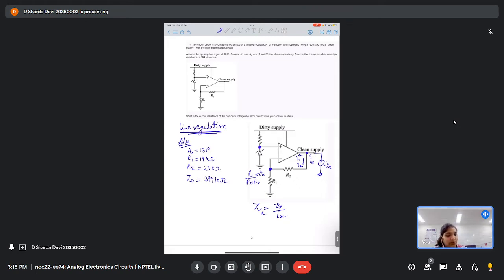This small Vx will not produce any change across this non-inverting terminal of op-amp, right? Since there is no change across this node, we say it is almost grounded, as its effect is not seen.